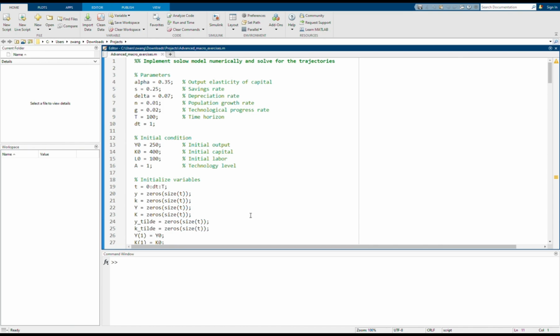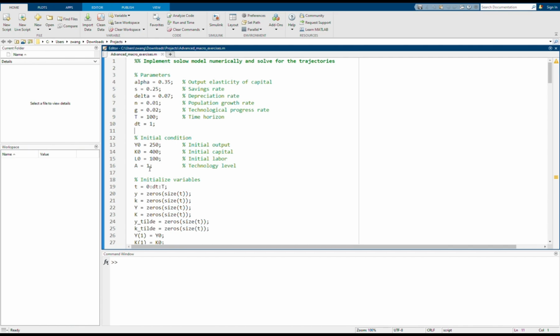For the initial conditions of output, capital, population, and technology, I searched for real data in 2023. The world output in 2023 is more than 86 trillion US dollars, and the new capital formation in 2023 is more than 1 trillion US dollars, and there are more than 8 billion people in the world in 2023.